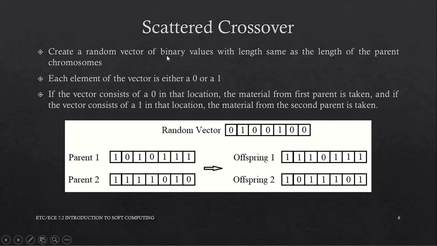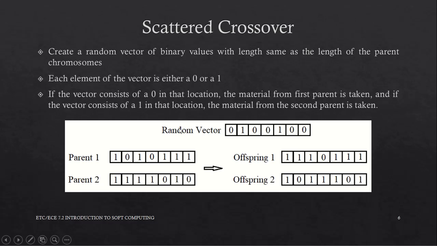Now an offspring is generated with as many entries as this vector, and the entries in this vector are checked as the offspring is getting generated. If the vector consists of a 0 in that location, the material from the first parent is taken, and if the vector consists of 1 in that location, the material from the second parent is taken. The second offspring may take on exactly the opposite parent values.